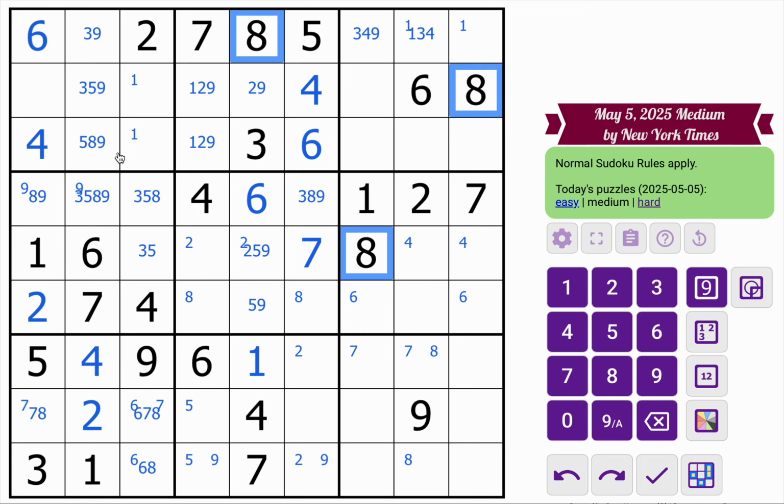Okay, so here 8 has to be between these 2 places. Let me corner mark just in case I forget. 8 has to be these 2. 8 has to be in the top, right? 8 has to be in the top. So 8 has to be in the bottom. So how can this be 8?